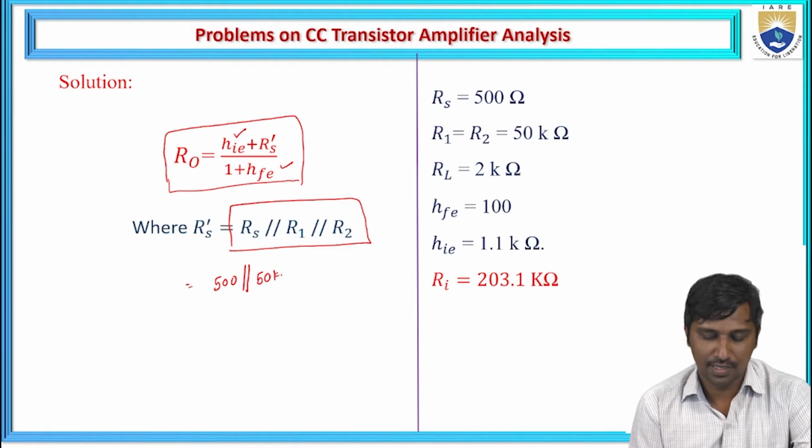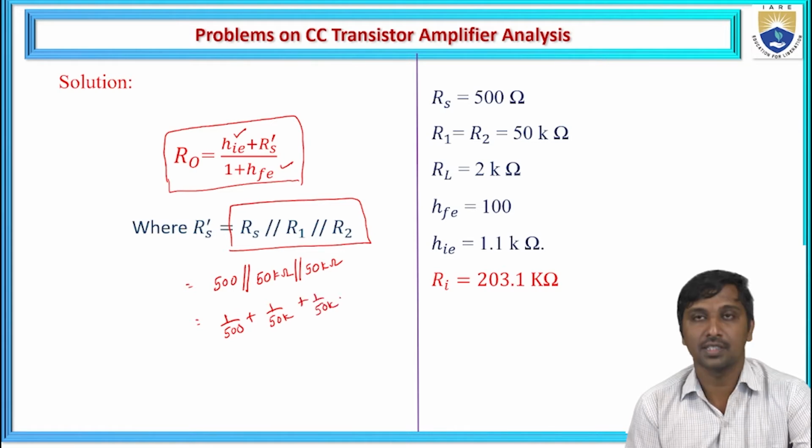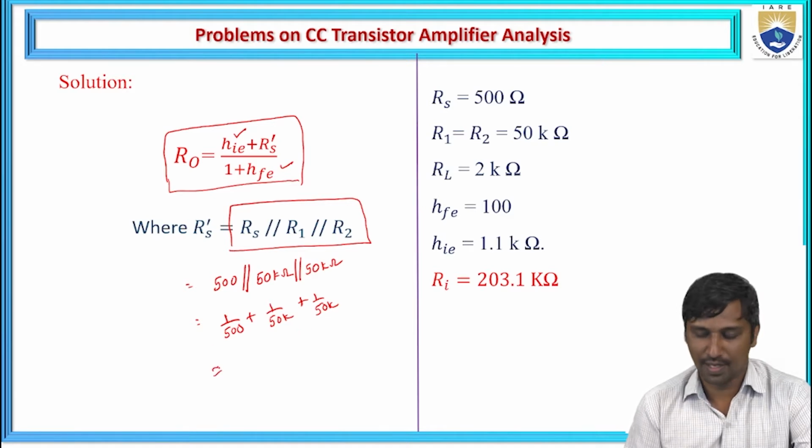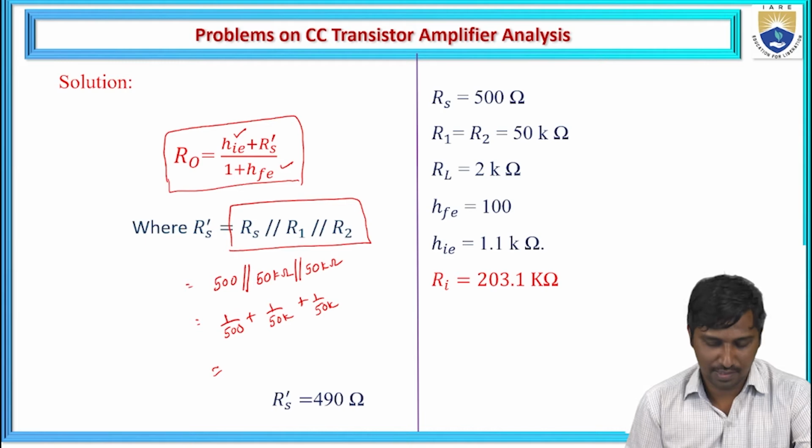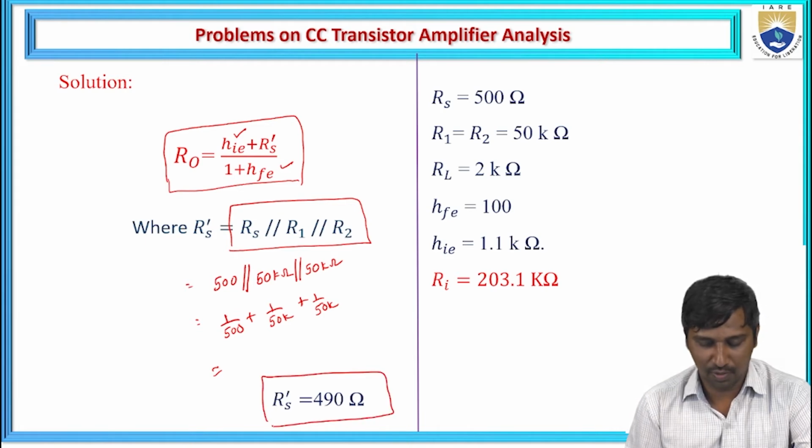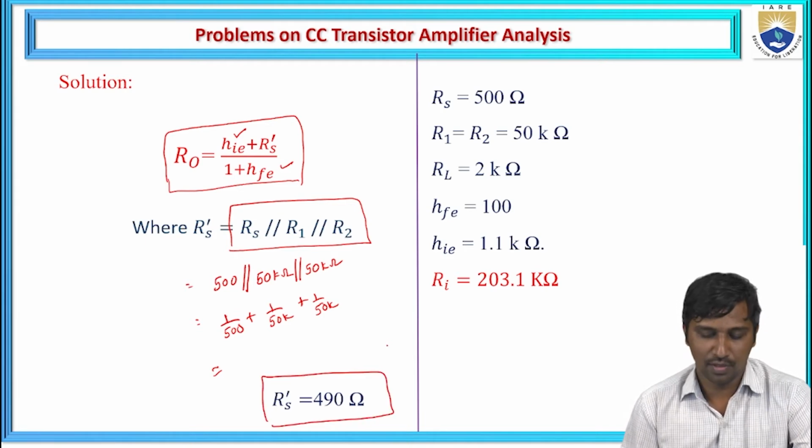R1 is 50 kilo ohms, again in parallel with R2, 50 kilo ohms. Hence 1 by 500 plus 1 by 50 kilo ohms plus 1 by 50 kilo ohms, the parallel combination 1 by R1 plus 1 by R2 plus 1 by R3. If we solve this, R dash S is approximately equal to 490 ohms.